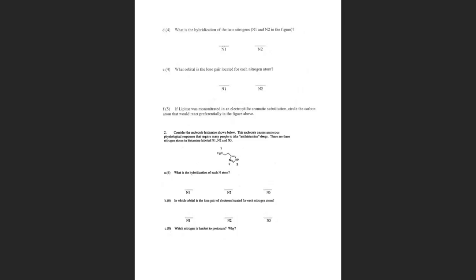And let's do the lone pairs. Which orbital is the lone pair for N1 located in? sp3. What about N2? P. Okay, Hannah, why is the lone pair for N2 located in p, not sp2?